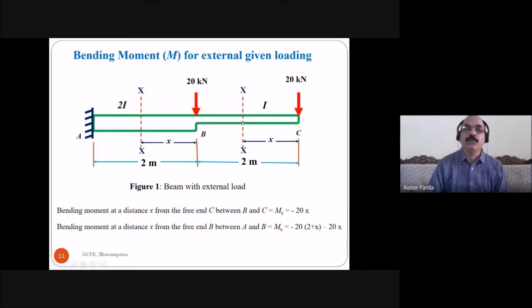Minus 20 into 2 plus x, because this length is 2 meter and this length is x meter. So the moment due to this force is minus 20 into x plus 2, and due to this force, minus 20 into x. Minus 20 into 2 plus x minus 20x. So this is the moment between A and B and between B and C due to the external loading.